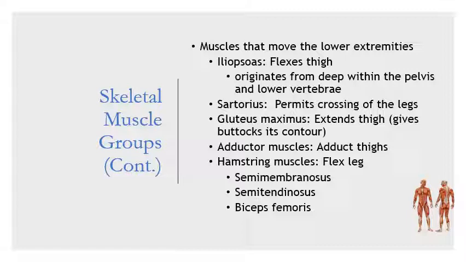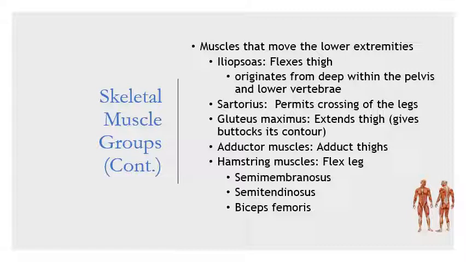Now the sartorius permits your legs to be crossed. So it's the one that you can thank when you go to cross your legs. It's doing its job. The gluteus maximus extends the thigh and it gives the buttocks its contour.